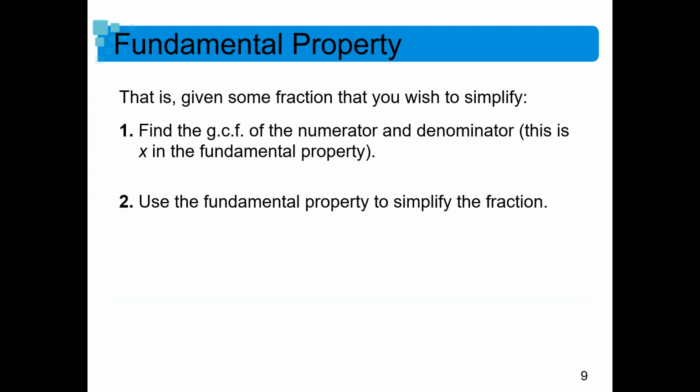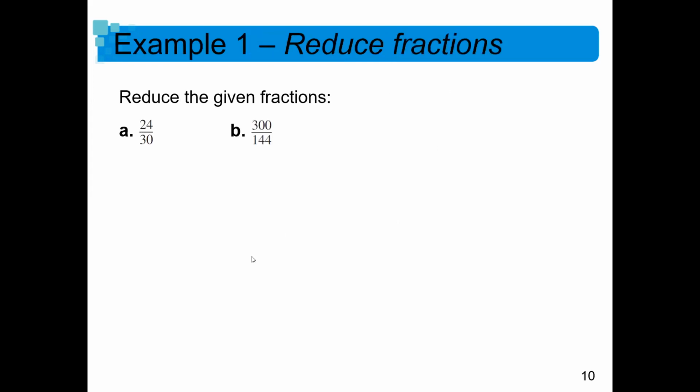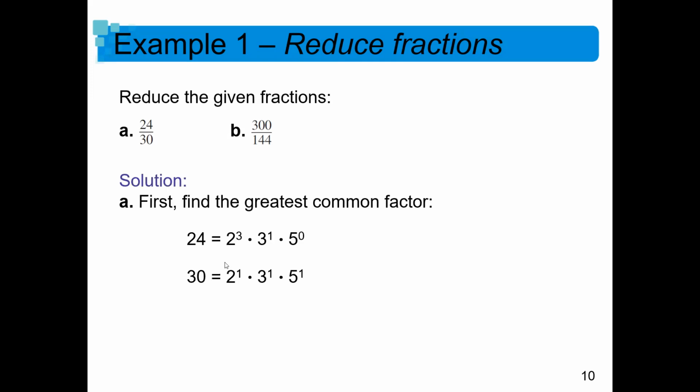That is, given some fraction that you wish to simplify, first you find the greatest common factor of the numerator and the denominator, and then use the fundamental property to simplify the fraction. For example, if we reduce the given fractions, letter A, 24 over 30, and letter B, 300 over 144, let's start with letter A. First, for letter A, we find the greatest common factor.